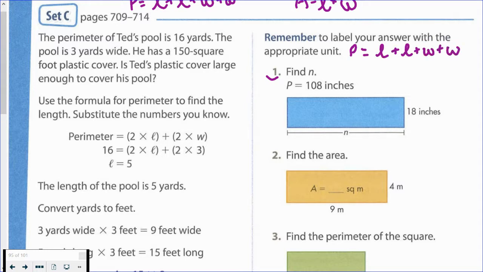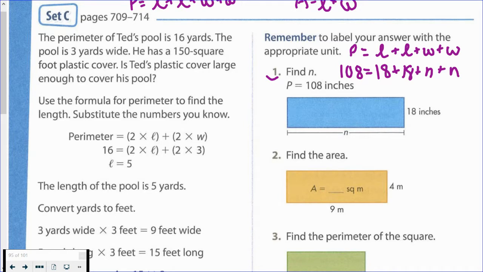Then we fill in the information that we know. So we know the perimeter is 108. We also know the length. So we know this side is 18, and we know this side is 18. But what we don't know is the length of the top and the bottom, or the width. The math book calls those n.